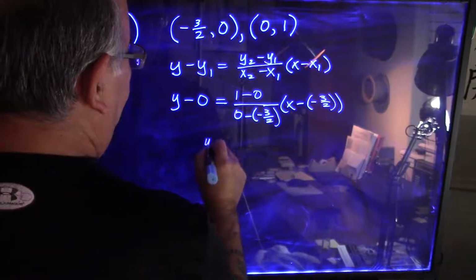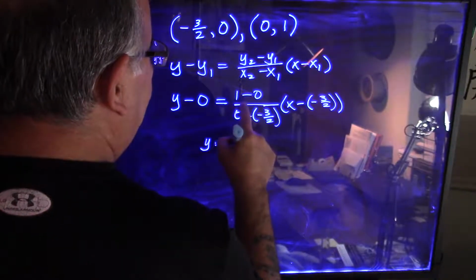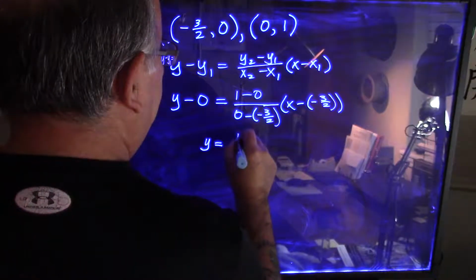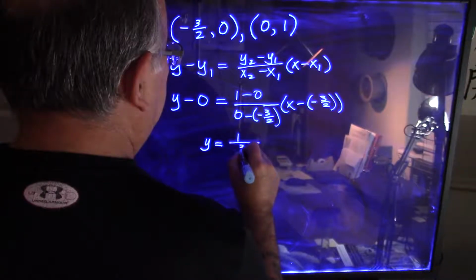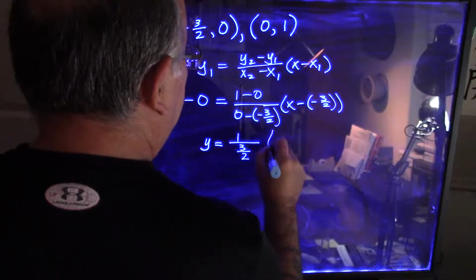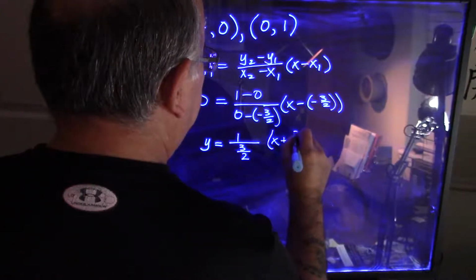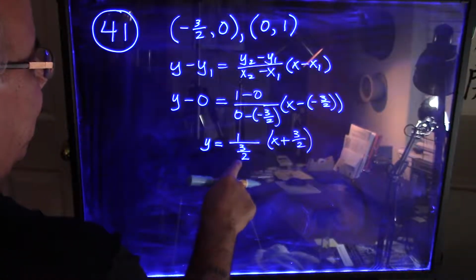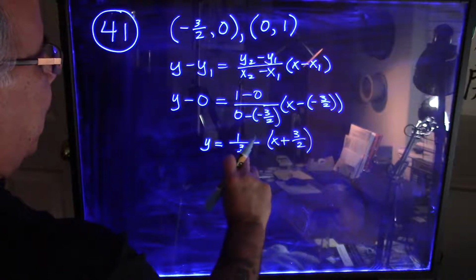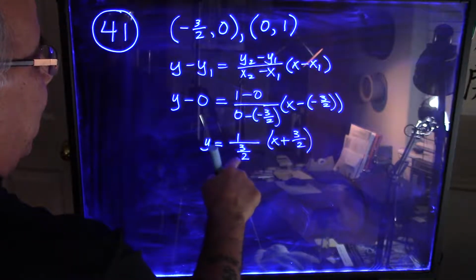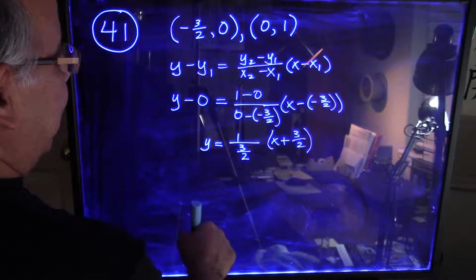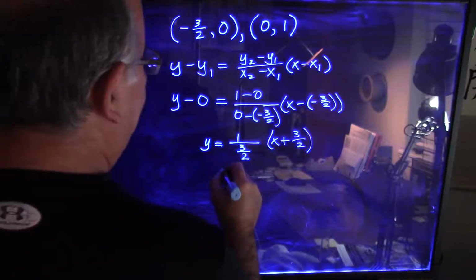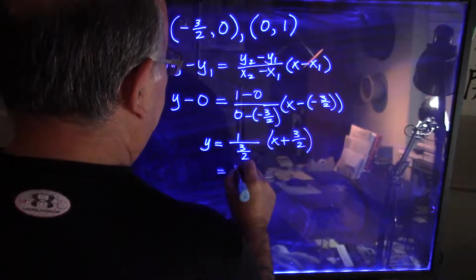So it's just plain y on the left side equals 1 over positive 3/2 times x plus 3/2. Alright. 1 over 3/2, you just invert the bottom fraction and multiply by the top, so that'll be 1 times 2/3, which is 2/3.